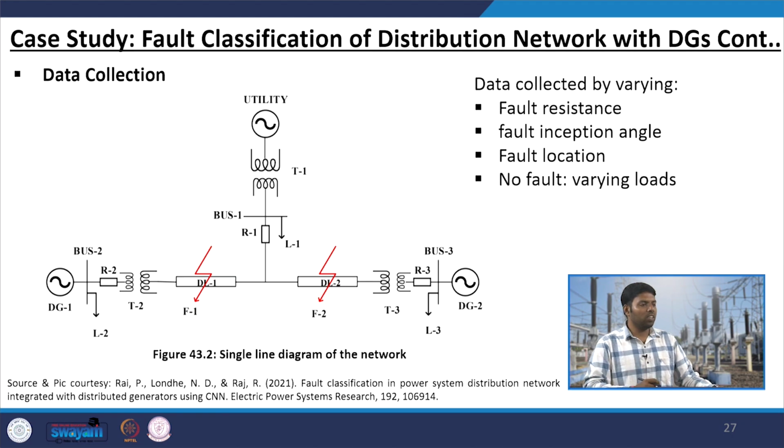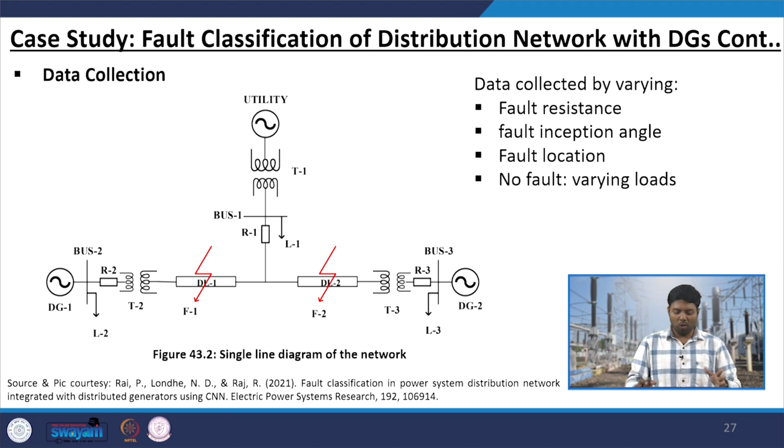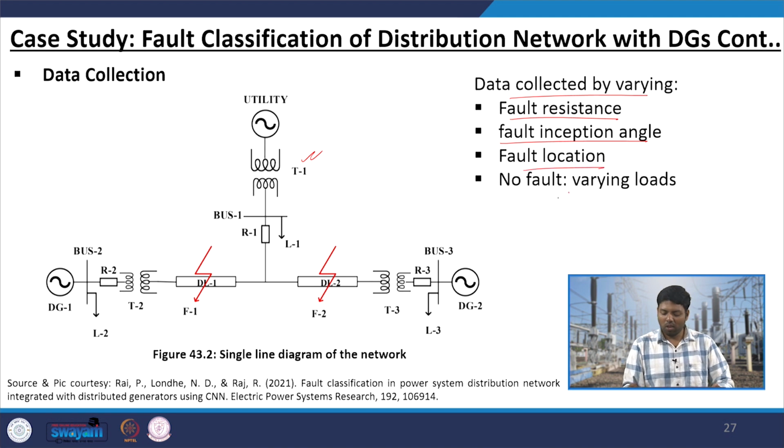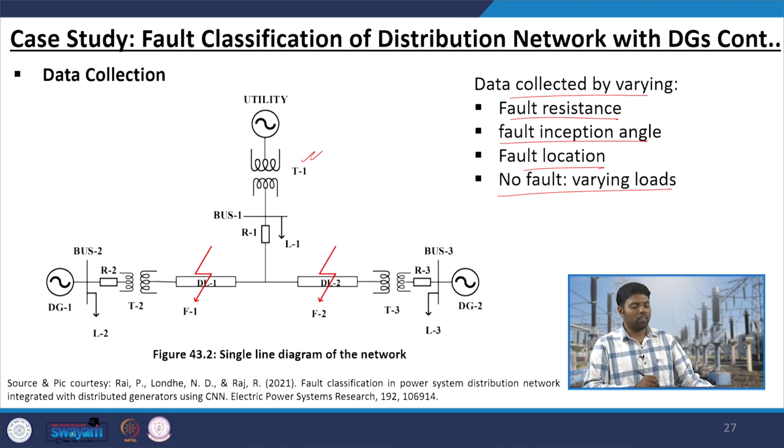So, for that, first you have to do the data collection. You can model any system of the distribution network in MATLAB Simulink or RTDS or OpenRT. Then collect the data by creating multiple faults in the distribution line by varying the fault resistance, fault inception angle, and fault location, and also you can take the no fault data by varying the loads.